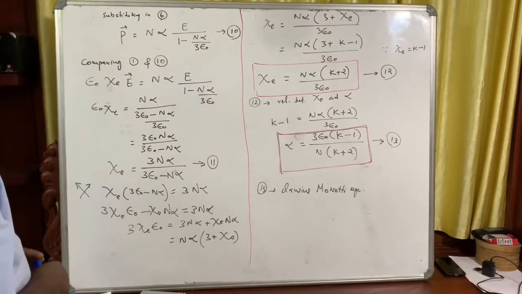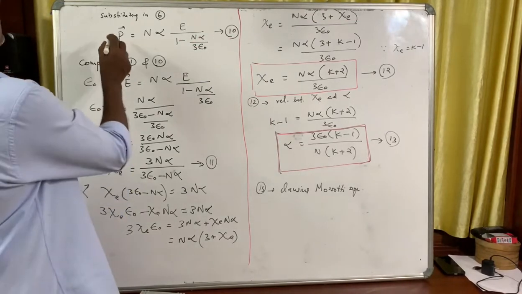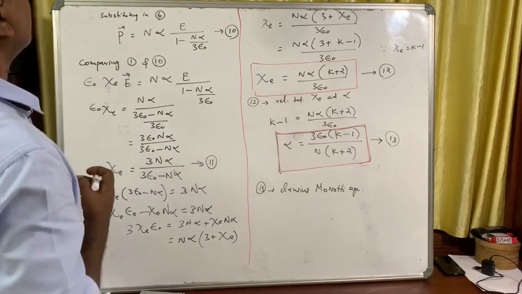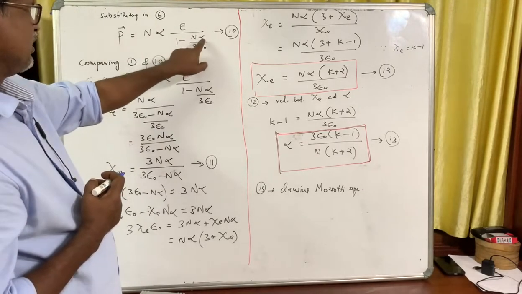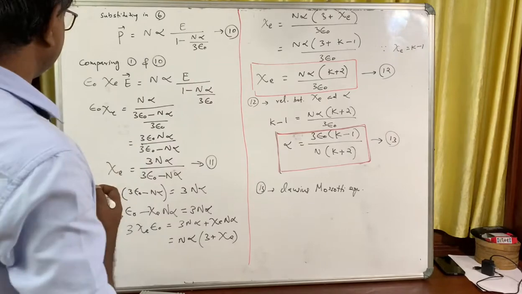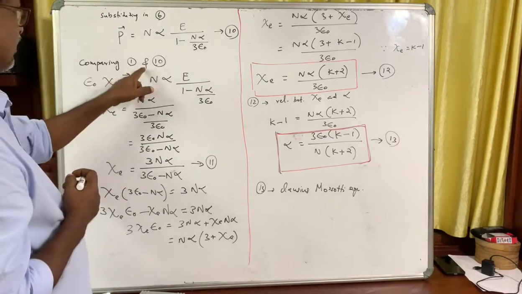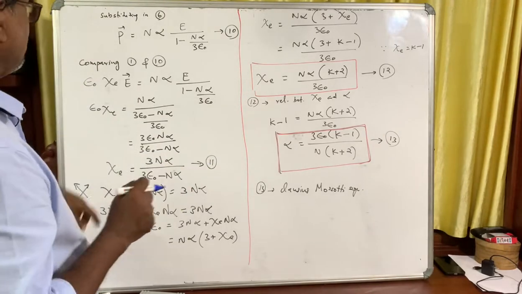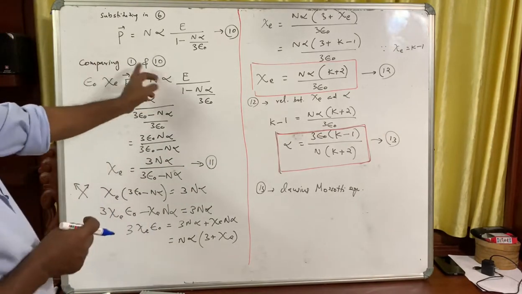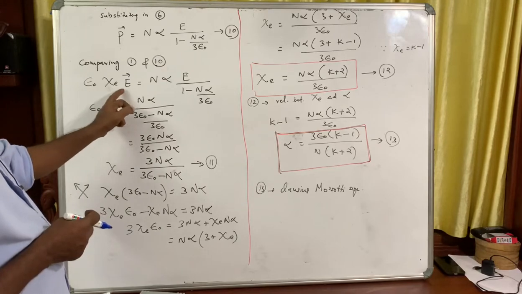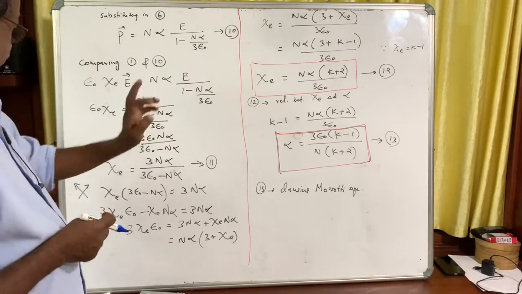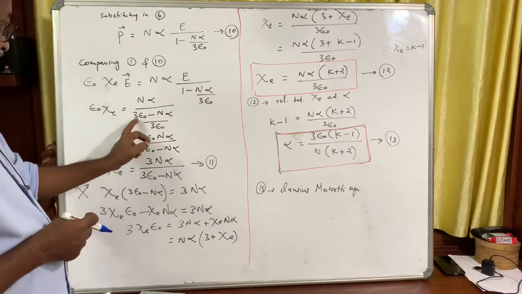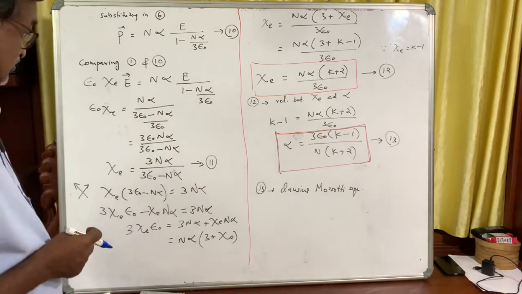So here we got E_s in equation 9 and the E self in equation 7. Substituting in 6, we get a polarization vector P equal to N alpha E by 1 minus N alpha by 3 epsilon 0, equation 10. Comparing equation 1 and 10, where 1 is P equal to epsilon 0 chi E, we get epsilon 0 chi E equal to this much. From this, chi E is equal to N alpha by epsilon 0 times (1 minus N alpha by 3 epsilon 0).